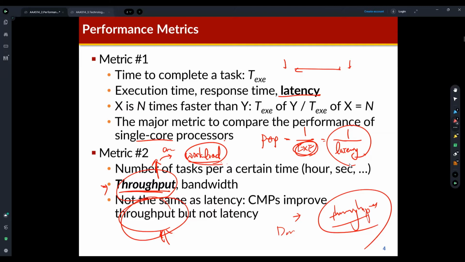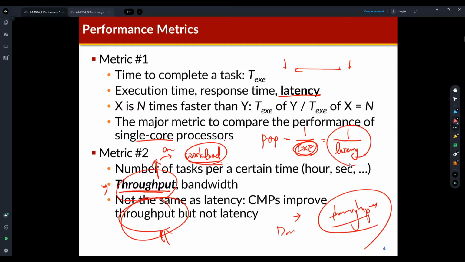But you need to remember the definition of performance. Sometimes we ignore the exact definition, but if you perform some research, or if you compare the performance of two different systems, then you need to know the exact definition of the performance of the system.